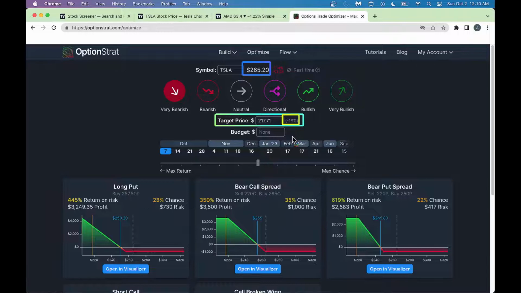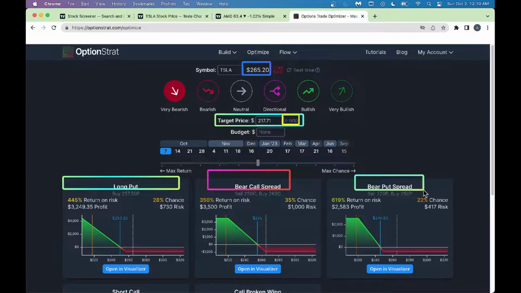And look, for this bearish target here, you could play various strategies. From a strategy perspective, you have a long put, meaning you are buying a put option here, or you could buy a bear call spread, or you could do a bear put spread here.